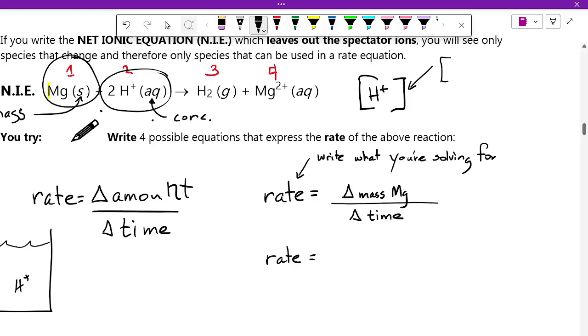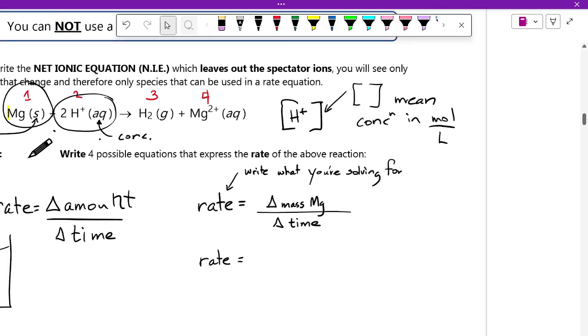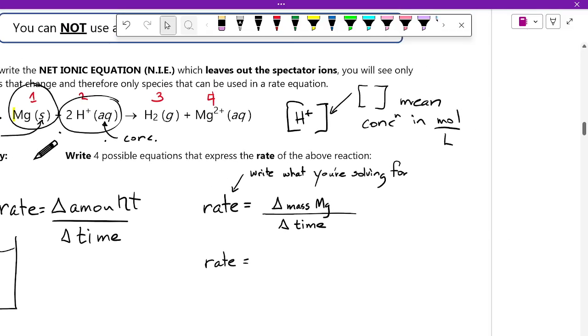The square brackets mean concentration in moles per liter. What is another way of writing moles per liter? There's another unit that we can do that takes that and simplifies it a little bit. Yes?